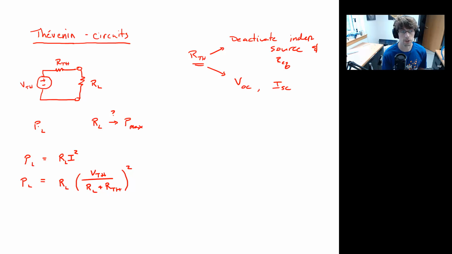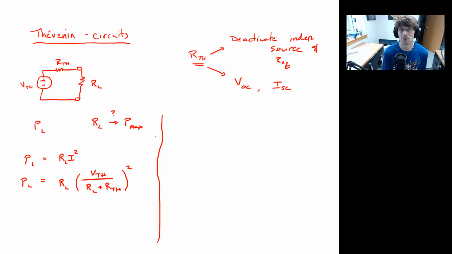Now the next question, what value of RL results in the load power being maximized? And perhaps instead of saying maximized, maybe I should say reaches an extreme value. Okay? And here's where we have to put our calculus hat back on. How do we find the extreme value of a function?